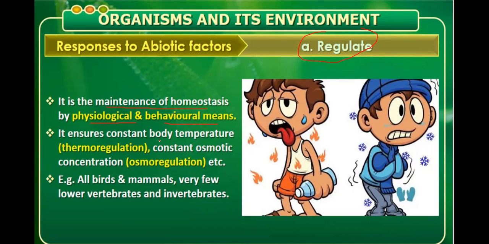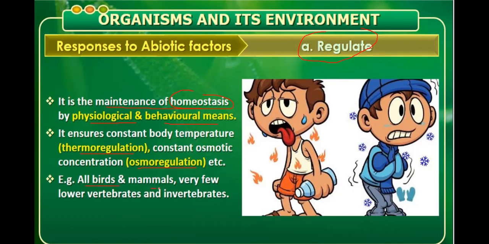So it ensures constant body temperature, which is thermoregulation, and constant osmotic concentration, which is osmoregulation. So homeostasis can be maintained by thermoregulation and osmoregulation. What do you mean by thermoregulation? Constant body temperature. What do you mean by osmoregulation? Constant osmotic concentration.